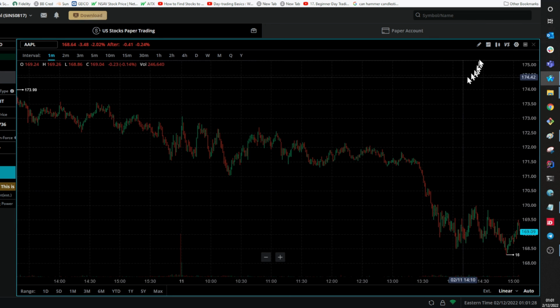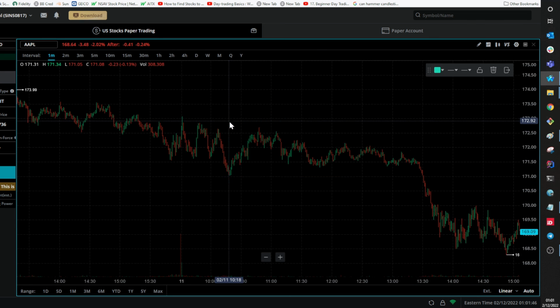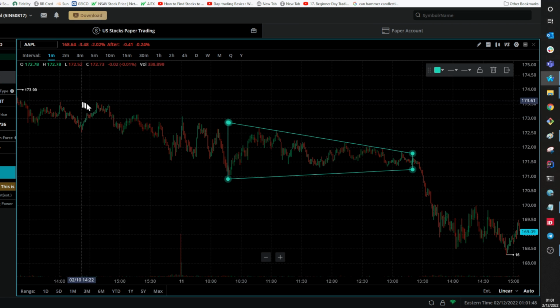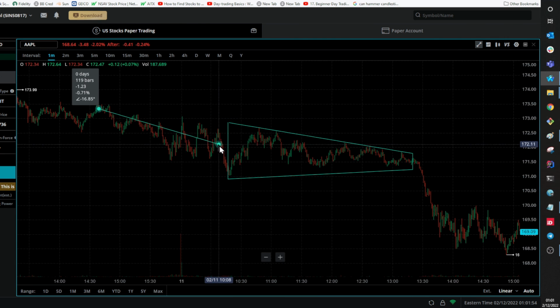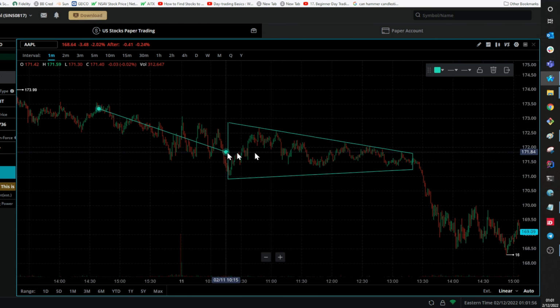Here's one. Okay, so we have the pennant, descending to here, and then it goes into the pennant and then descends again.